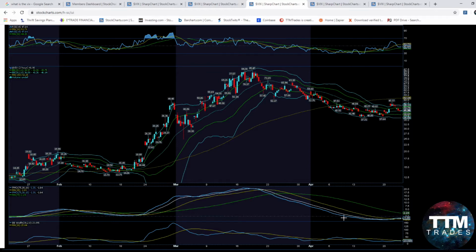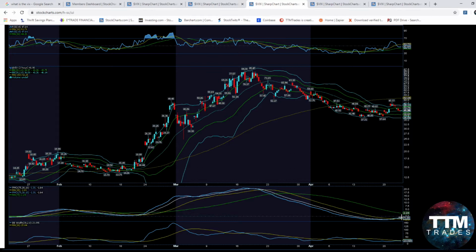I said if we get towards the zero line and the VIX begins to flatten out, as we're seeing here, and starts to cross back above its averages, then that lets me know that the market sentiment may be changing, and it may be a good time to adjust to possibly take puts on the SPY.